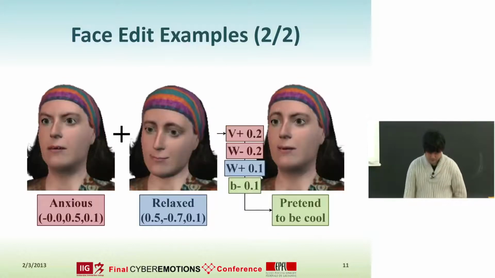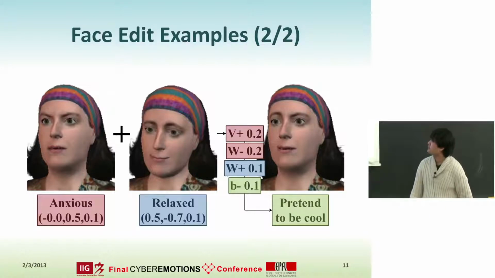There's another example, pretending to be cool or okay. We combined an anxious emotion for the left side of the face, because someone is actually anxious, but the person tried not to show that she is anxious. For the other side we combined a relaxed emotion.